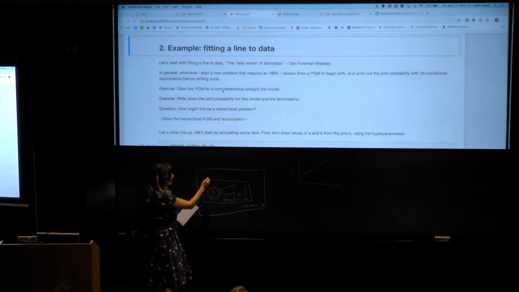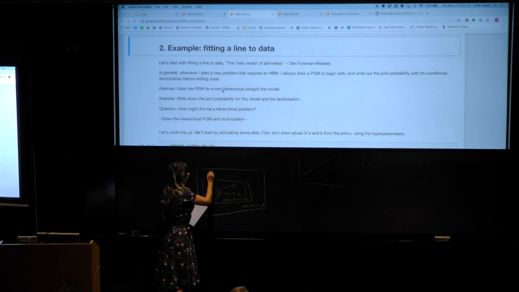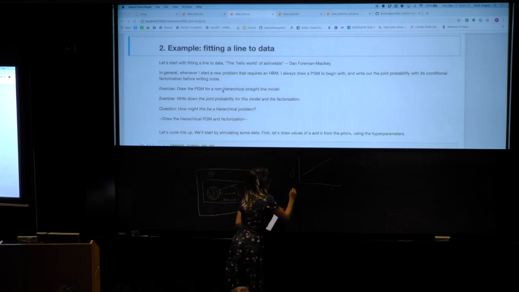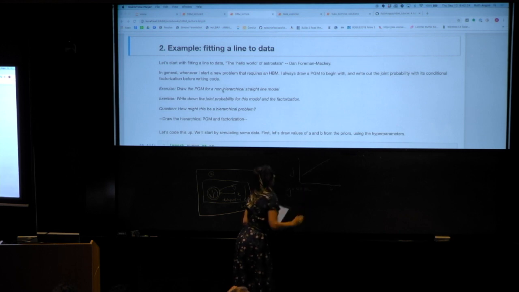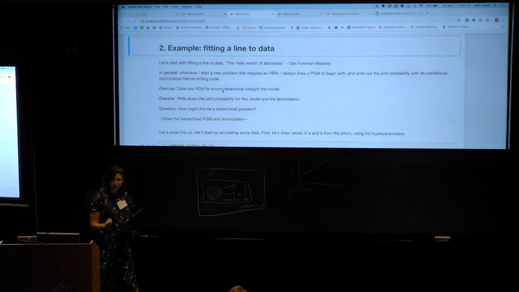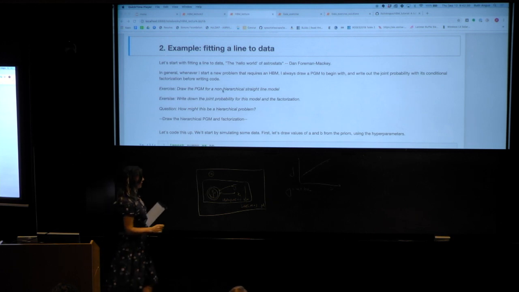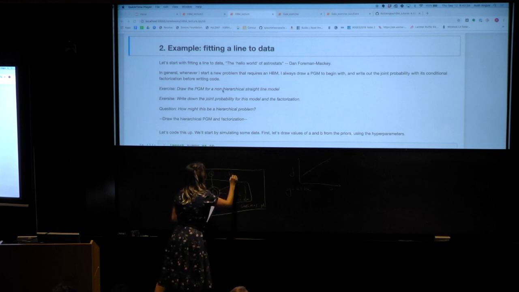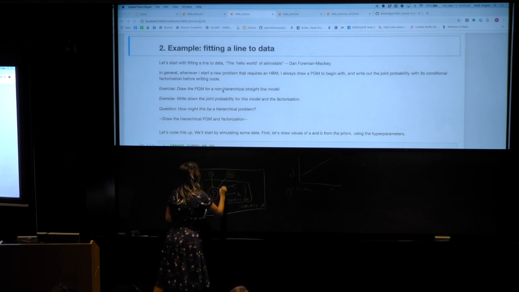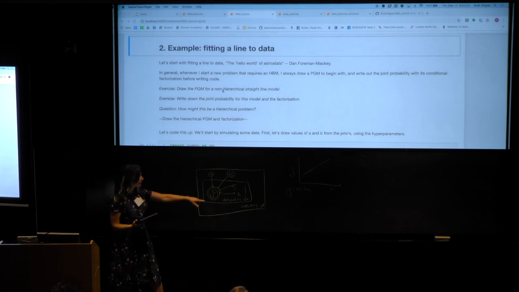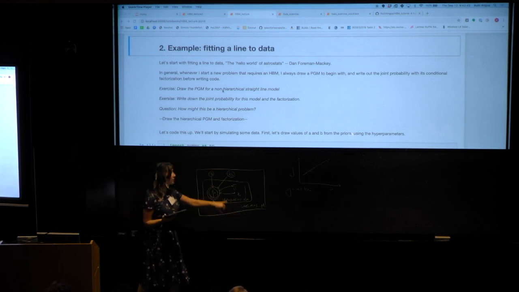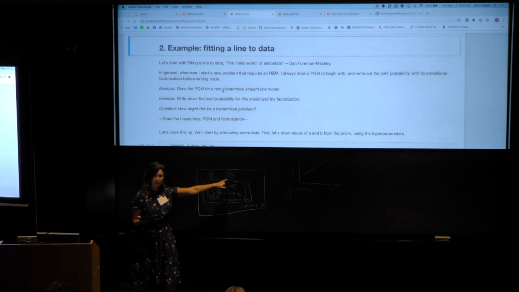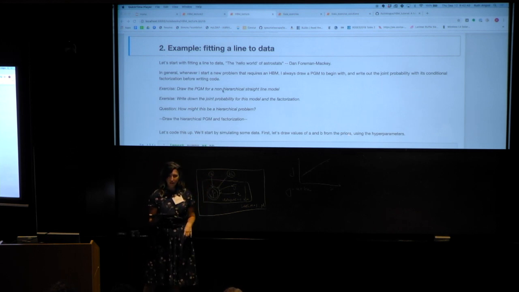But the difference is that the slope and intercepts are slightly different for each line. So a_m and b_m, we have capital M lines. So we have capital M number of a's and b's, different slopes and different intercepts.